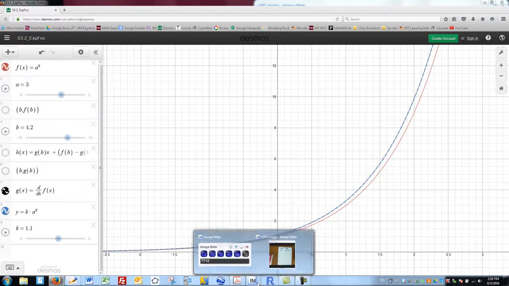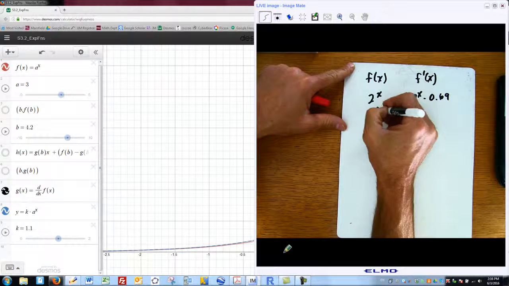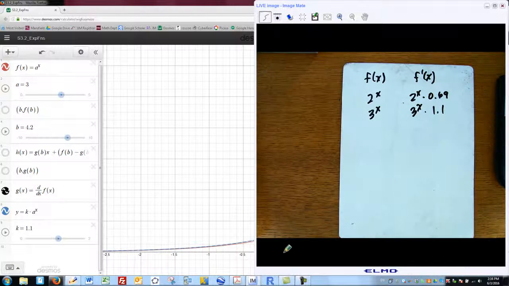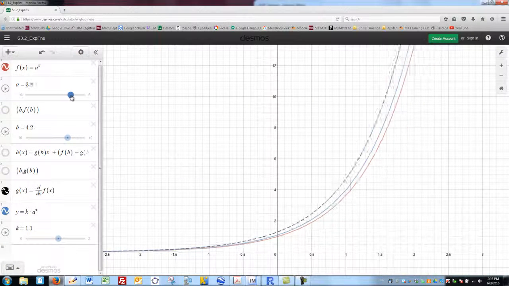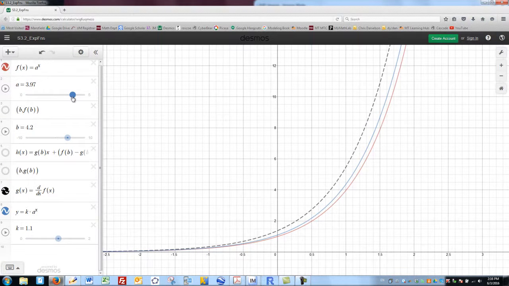So if I have something in the neighborhood of 3 to the x, I get 3 to the x times 1.1. Let's see, let's move it to 4 to the x. And in that case, k is going to increase to somewhere in the neighborhood of 1.38.